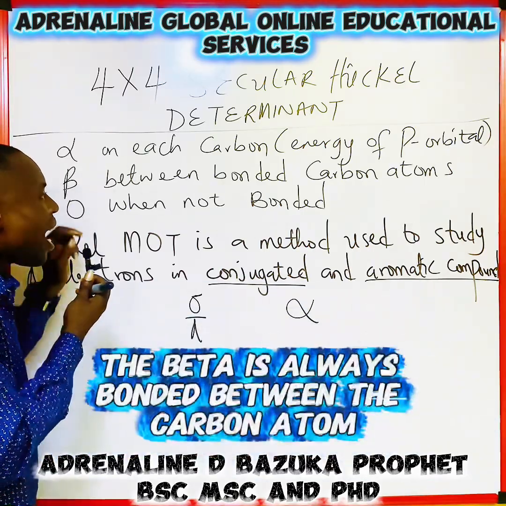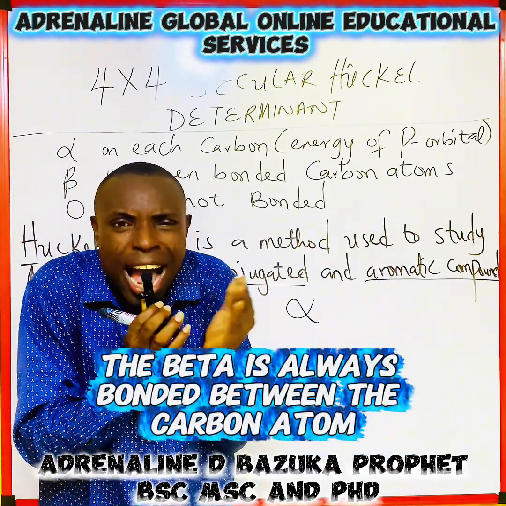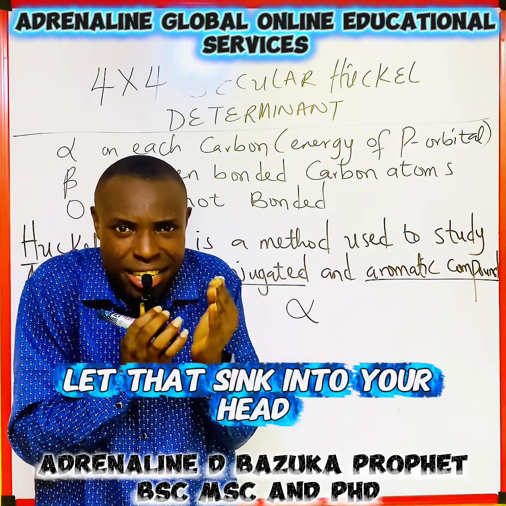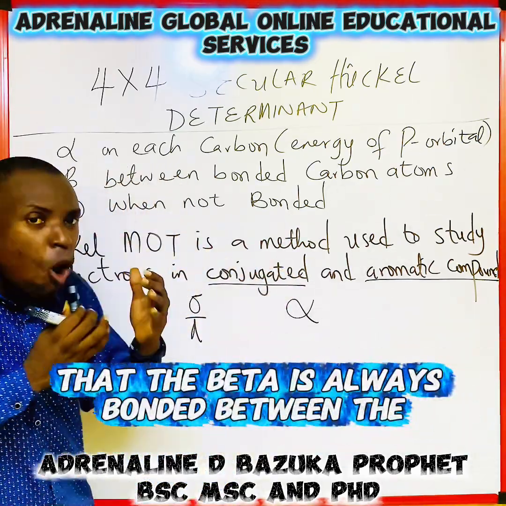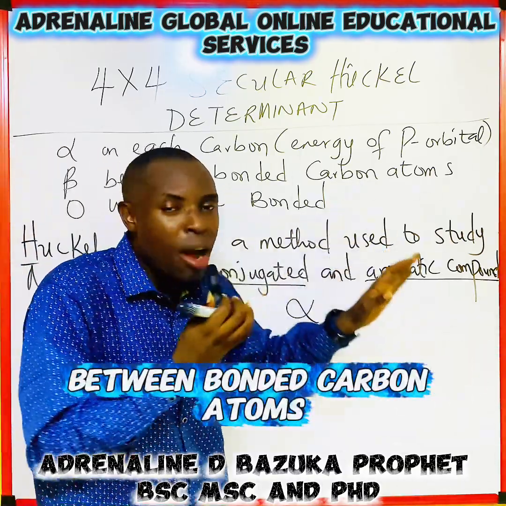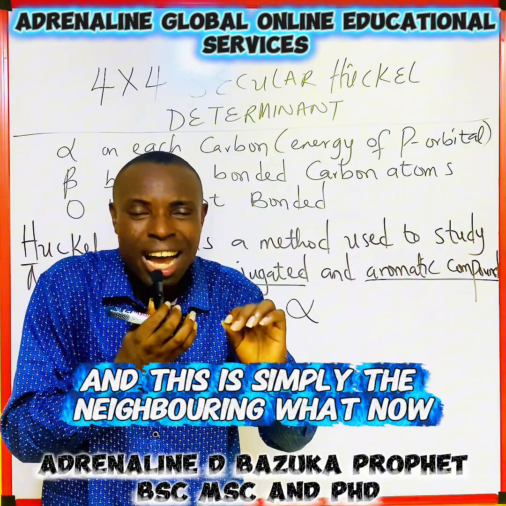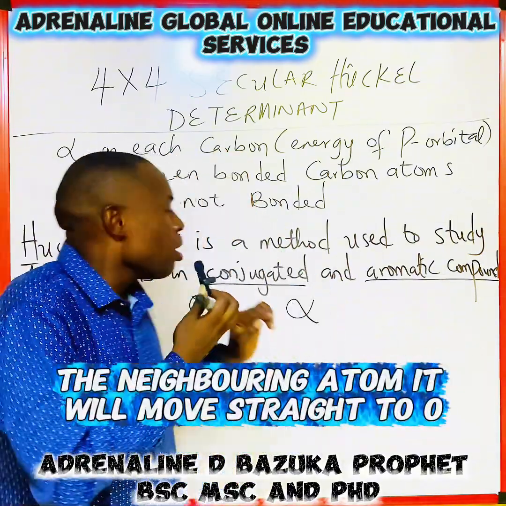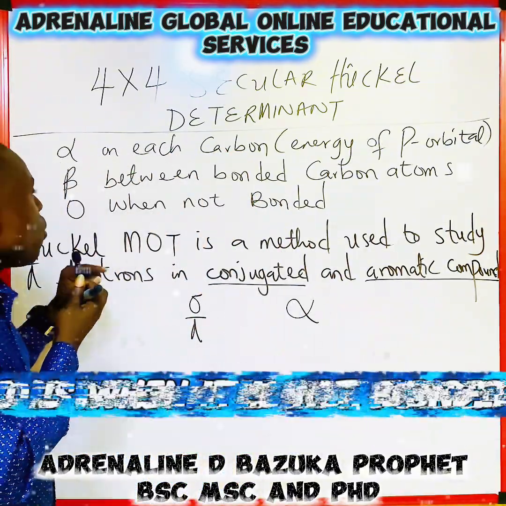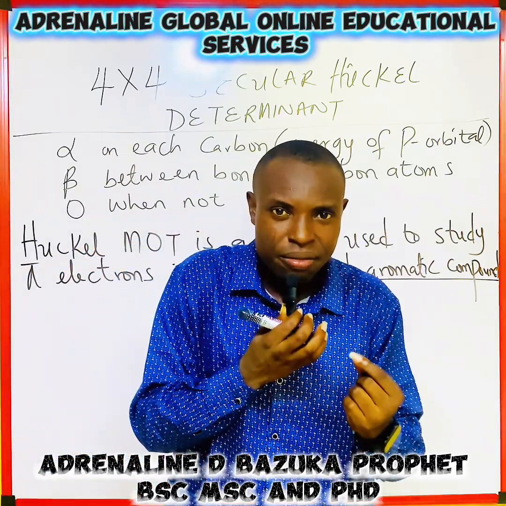While the beta is always between bonded carbon atoms. Let that sink into your head. This is simply the neighboring atom. It will move straight to 0 when it is not bonded.